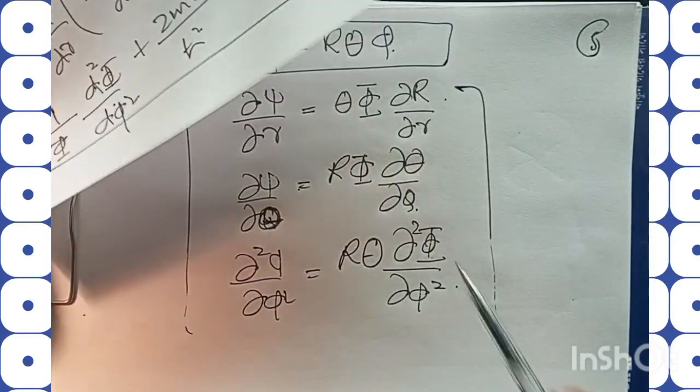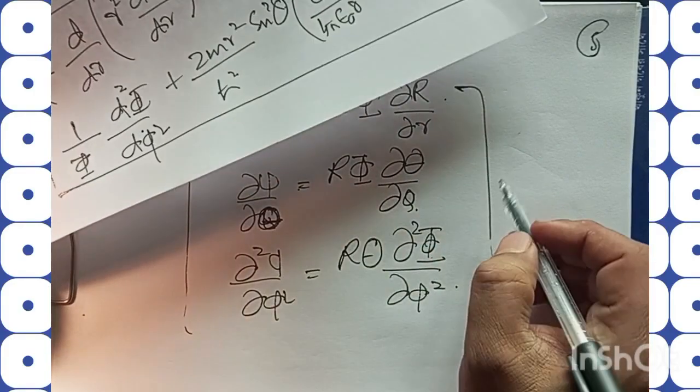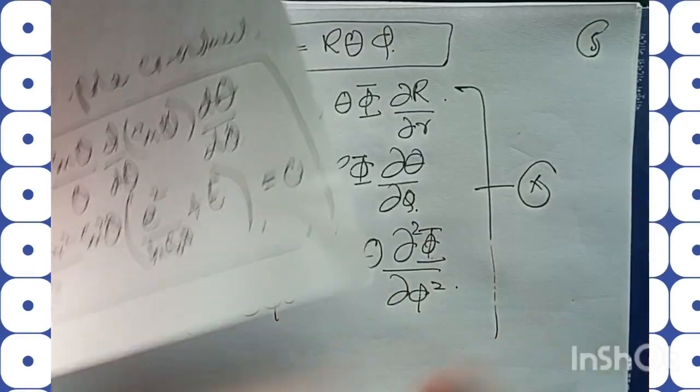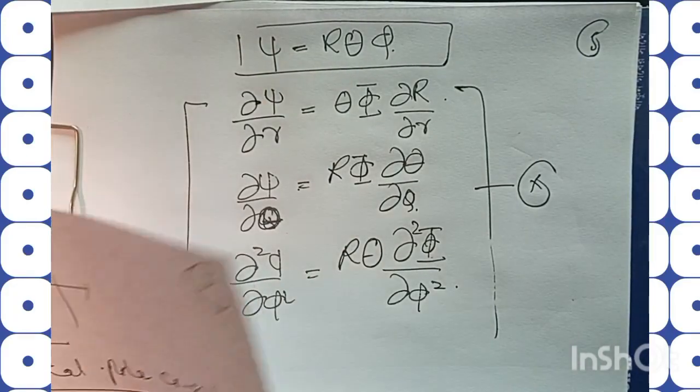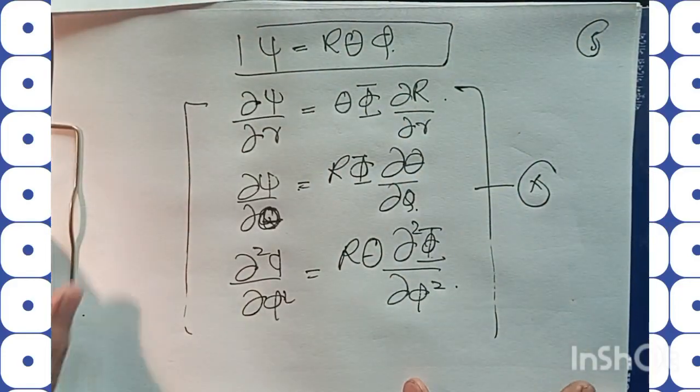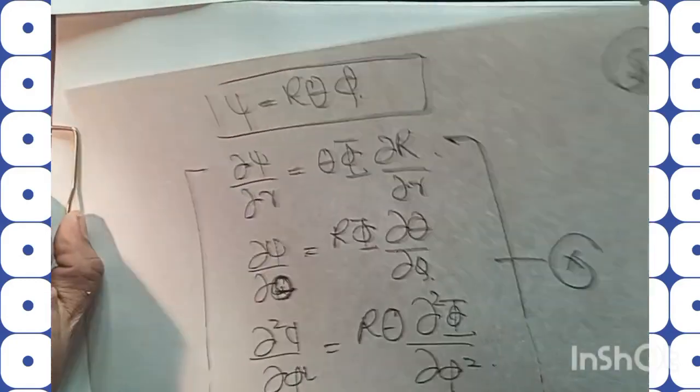So when we make this set of substitutions in the Schrodinger's wave equation in spherical polar coordinates, we are able to obtain this equation. So this is our equation where we have got rid of psi. There is no psi right now.